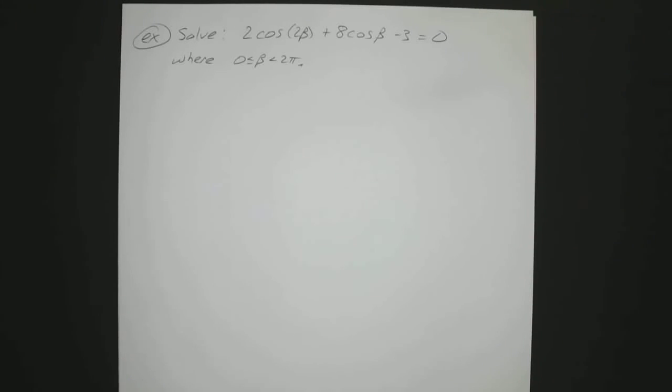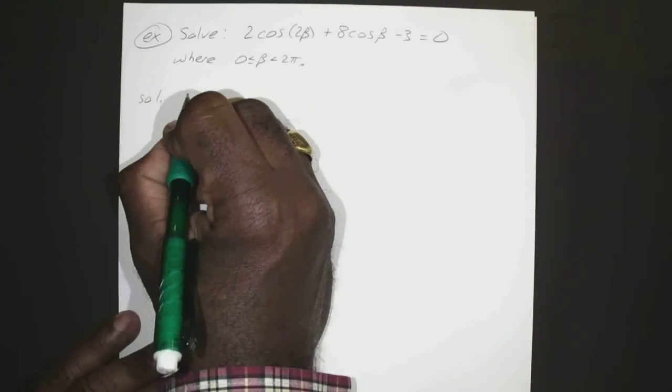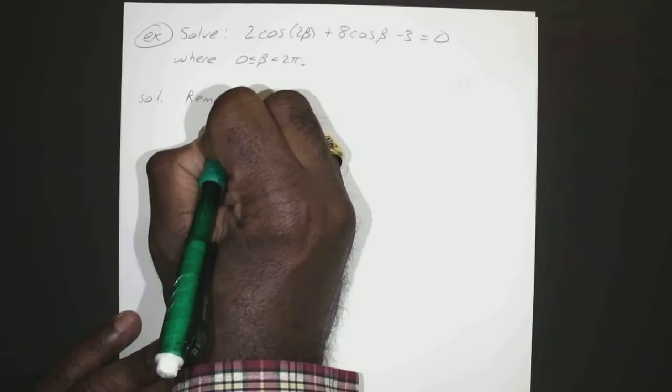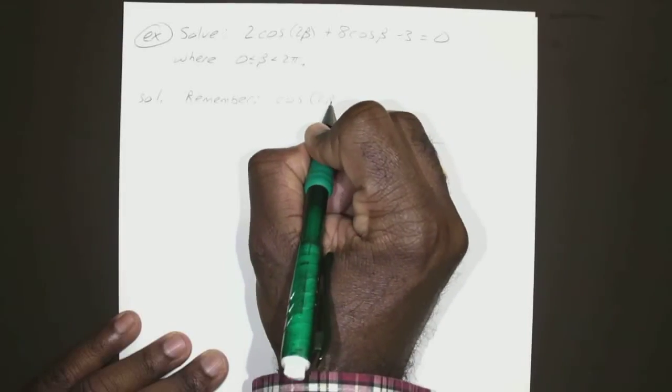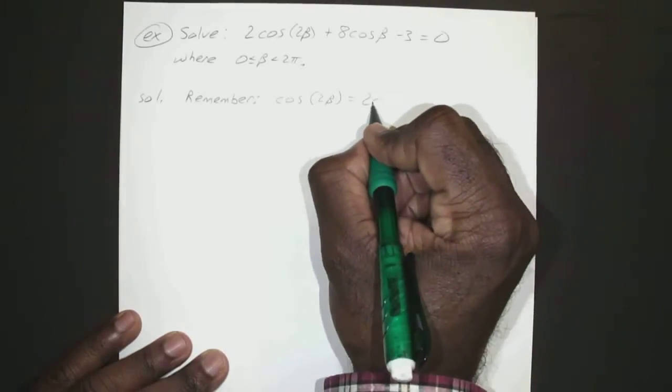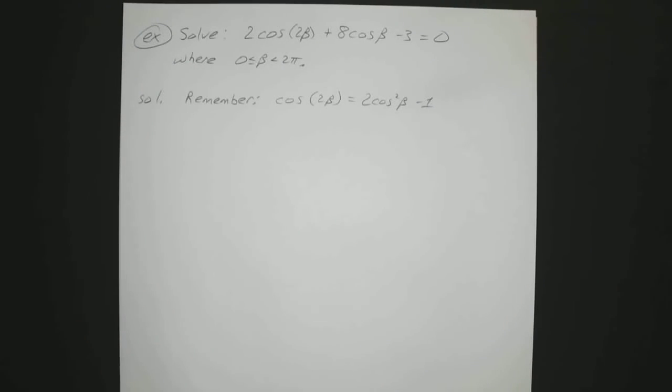You don't want cosine of 2 beta, you just want cosine of beta. So all you have to do is remember that cosine of 2 beta is equal to 2 cosine squared beta minus 1. It gave us a square, but it reduced it to just cosine of beta. Okay, so one of our double angle identity rules.